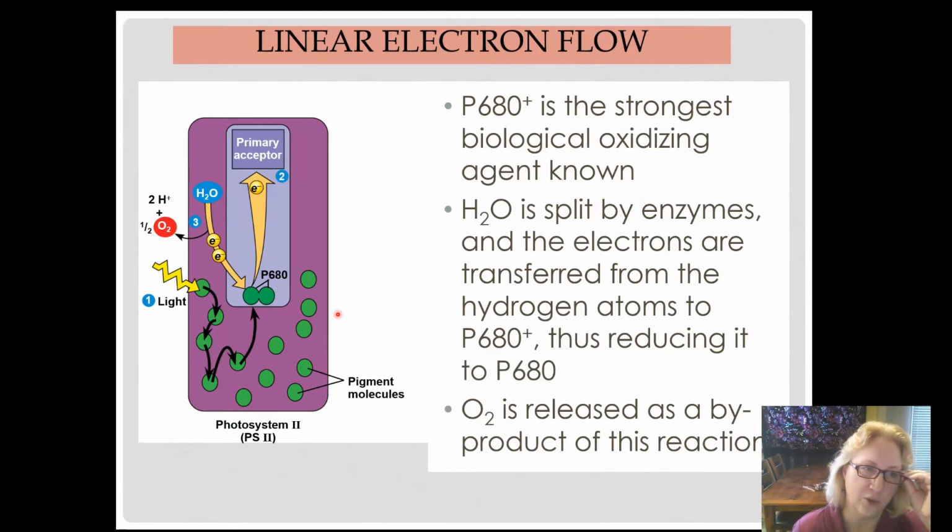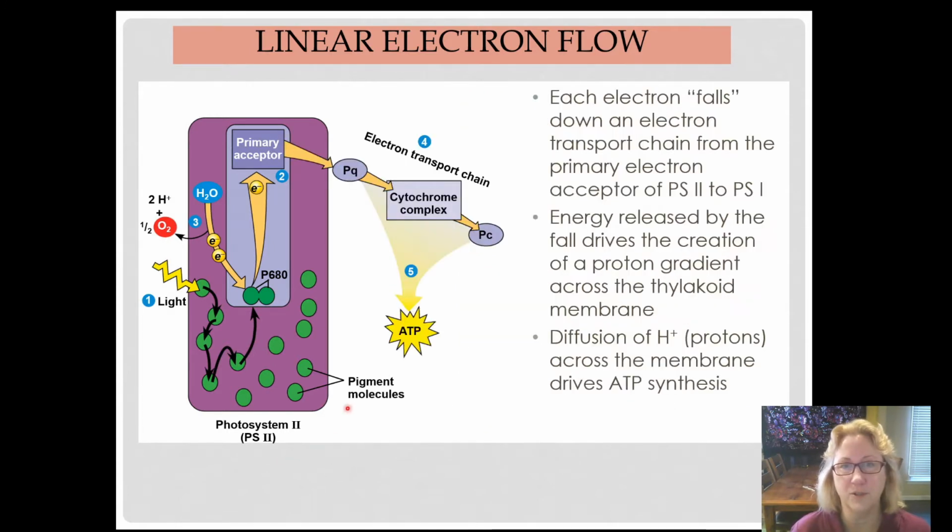So they can strip electrons from electronegative oxygen. And doing that, then oxygen loses its hydrogens because hydrogens go where the charge goes. And we're left with oxygen gas. So that's how we end up producing oxygen gas as a byproduct of Photosystem 2.